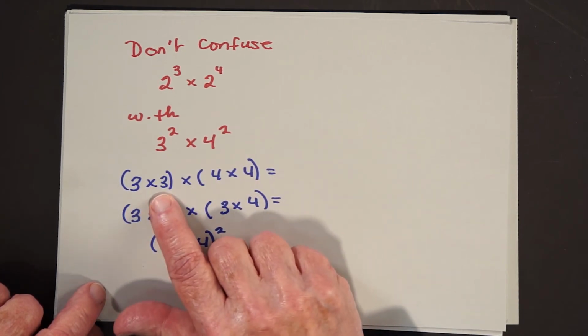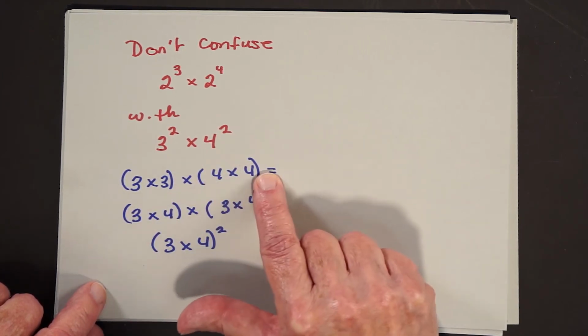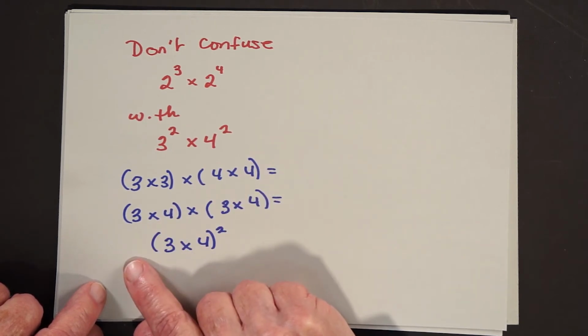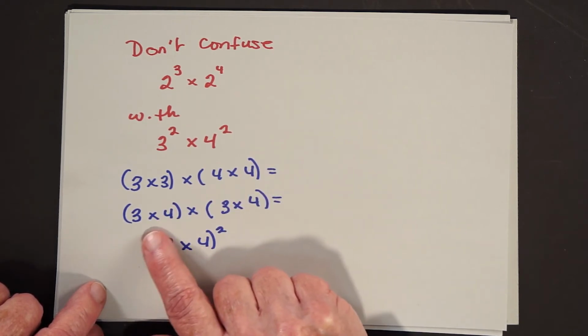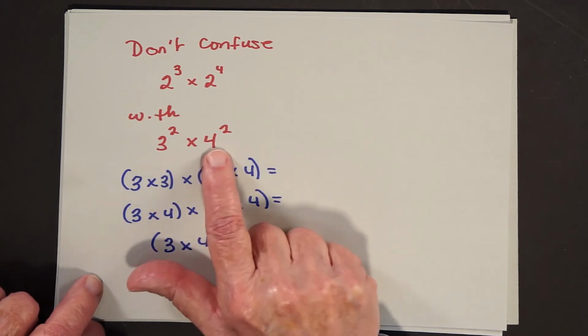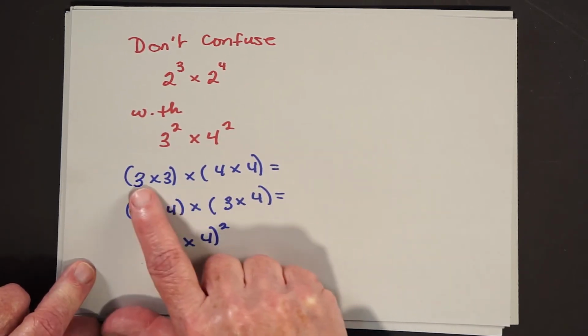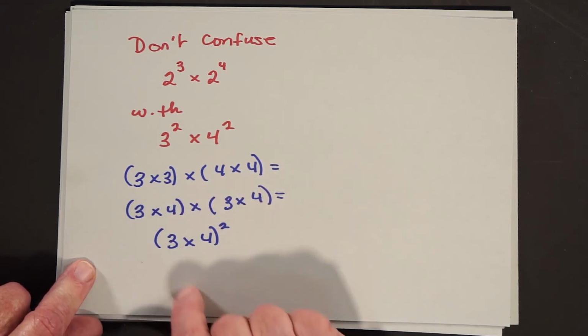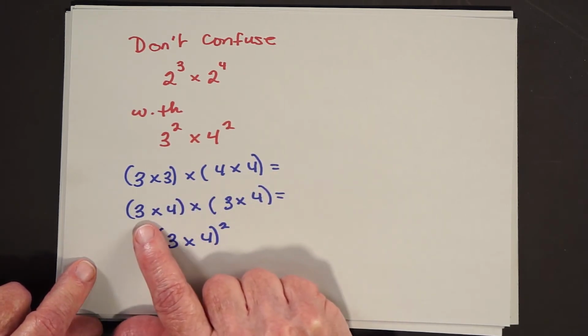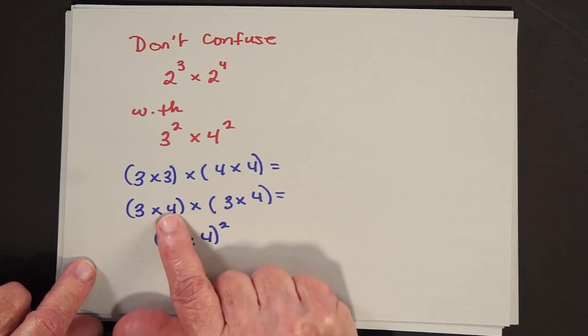3 squared is 3 times 3. 4 squared is 4 times 4. But I notice that I can rearrange terms any way that I want. To get the 3 times 4 to be displayed more prominently, I'll just interchange this 4 with the 3 over here. And what do we have over here? This is the same as 3 times 4.